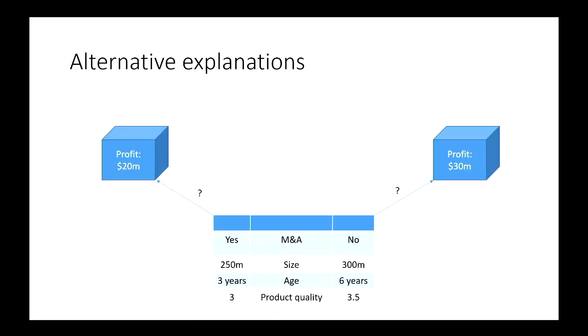Using statistical methods, if you have enough data, you can estimate how much impact the difference in size has on the difference in profit, and similarly with the others. The first step is knowing what these alternative explanations are. What are the other factors that might explain this difference in performance?